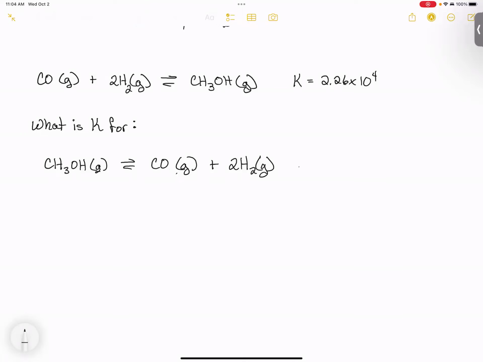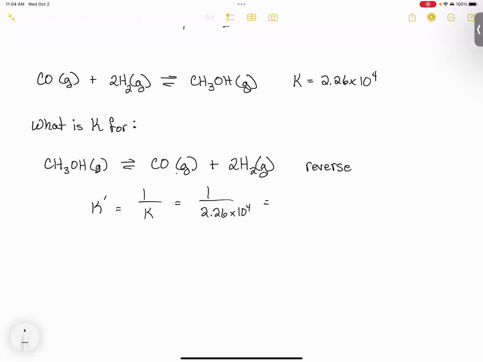What I notice is that this is the reverse of the original reaction. Since it's the reverse of the original reaction, then my K prime is going to equal 1 over the original K, so it's going to equal 1 over 2.26 times 10 to the 4th.